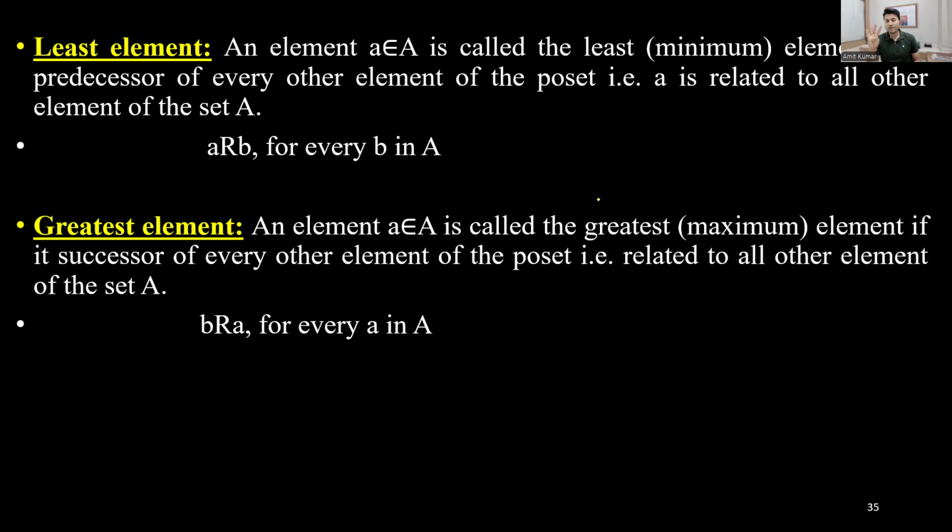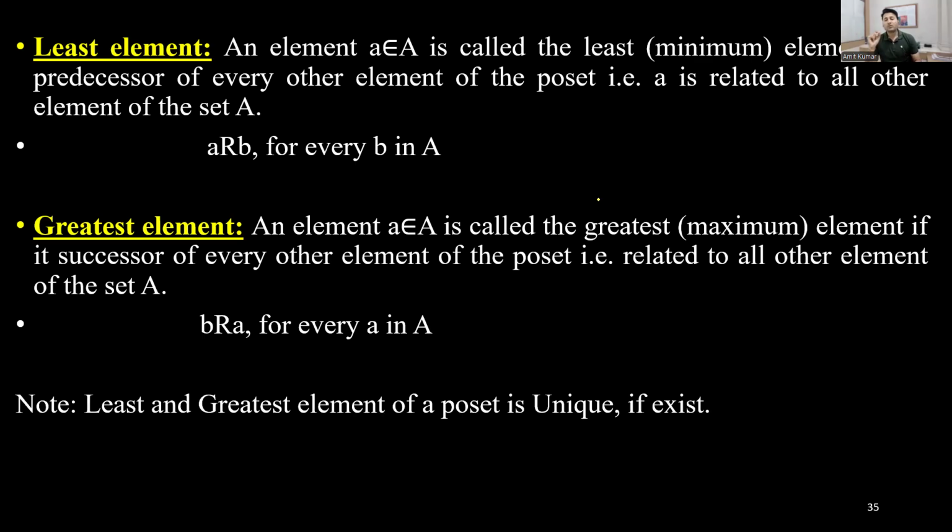So we talked about four things. Maximal element, which does not have any upper bound. Minimal, which does not have any lower bound. Greatest, which is the upper bound of every element, related to every element on the upper side. Least element, which is the lower bound of every element.